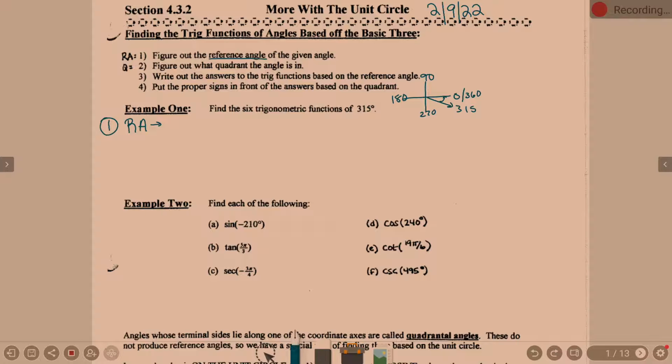Are we just using that side of the x-axis instead of the further away one because we're in that quadrant? Yes. If you're in quadrant 4, you're using 360. If you're in quadrant 1, it's already between 0 and 90. If you're in quadrant 2 or quadrant 3, you're using 180 because you're using that closer portion of the x-axis.